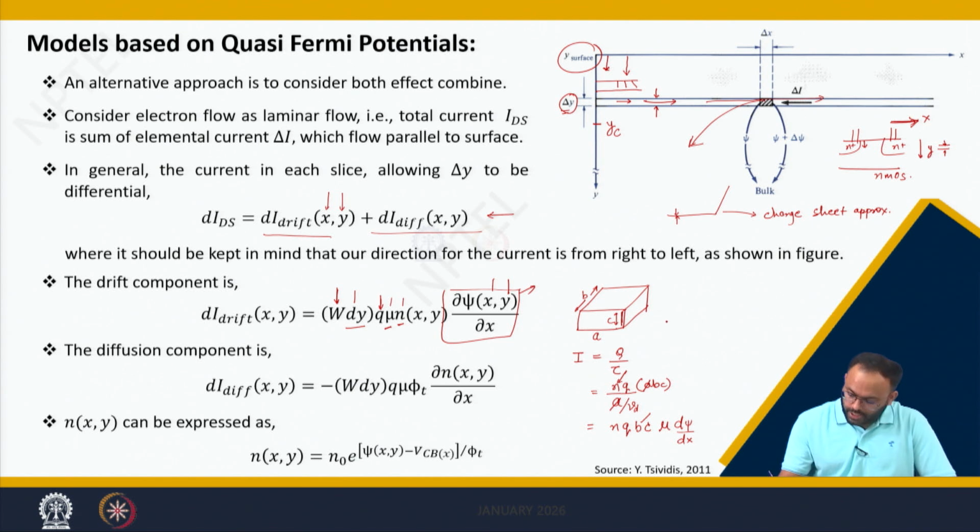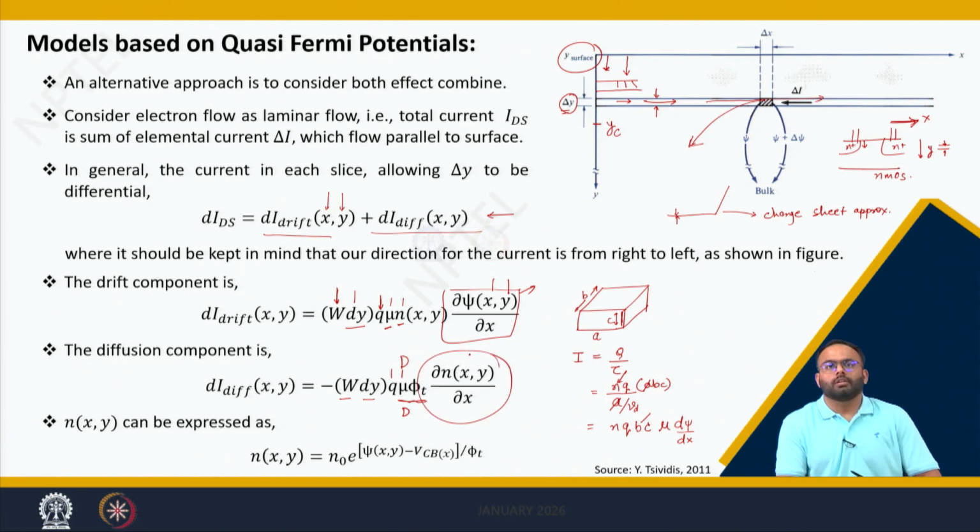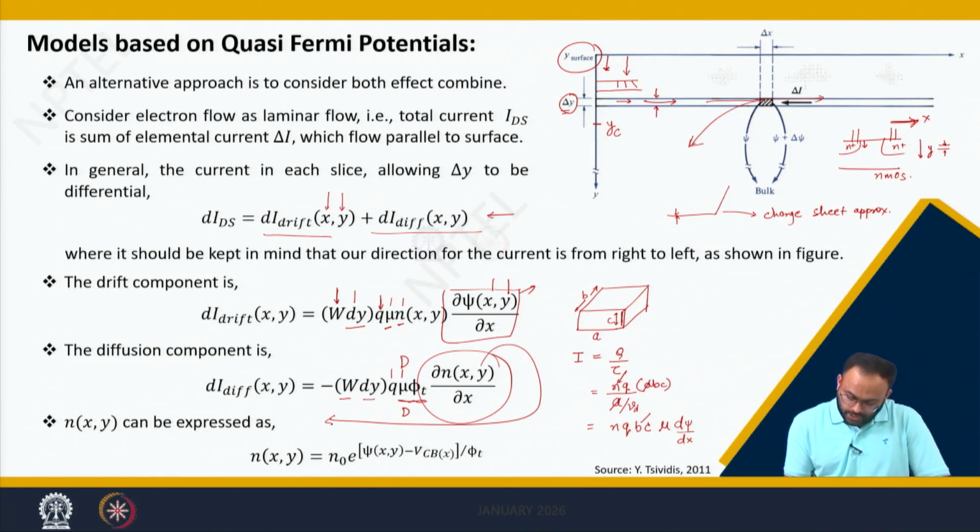Similarly, the diffusion current can be written as minus W into dy into q into mu into phi t, which is nothing but the diffusion constant replaced using the Einstein equation, into dn by dx, where n can vary in the x direction as well as the y direction. We can also express n(x,y) in terms of this.